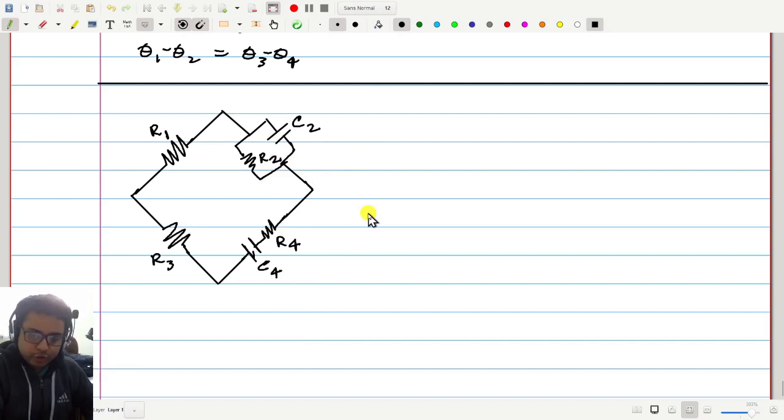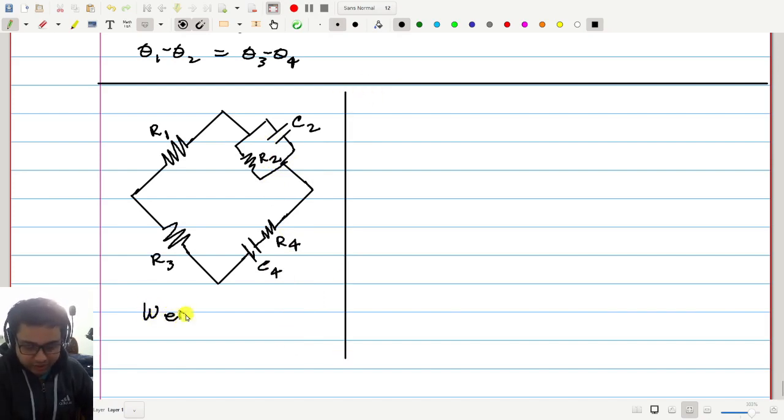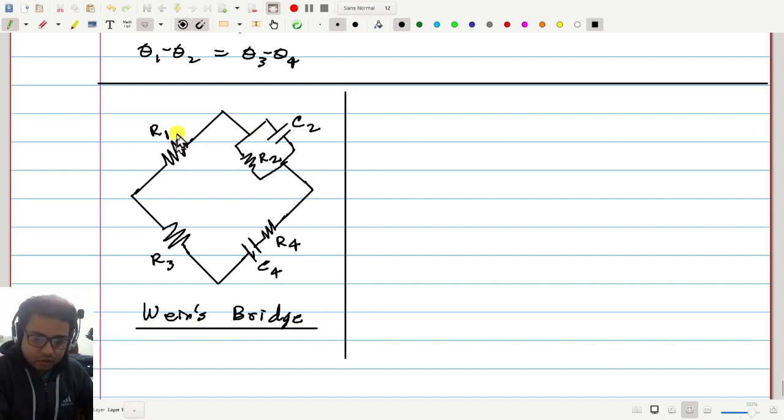This is called Wien's bridge, but no need to remember the names of circuits. So R1 by R3 will be equal to this impedance by this impedance. Let me write it in the opposite order, R3 by R1.